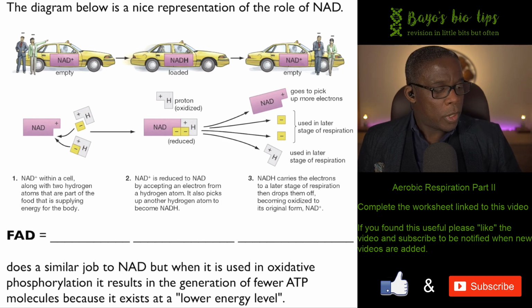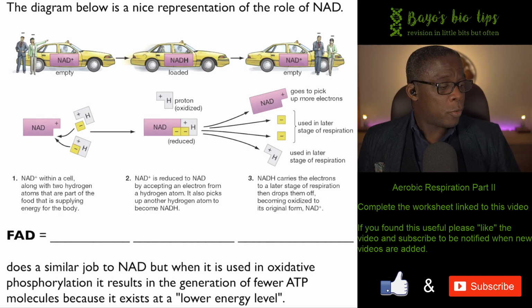But you can attach protons and electrons to NAD, and by so doing, it's now reduced in the middle picture. And once it gets to its destination in the membrane, or in the mitochondria, it can then offload its electrons and protons, ready to go off and pick up some more electrons and protons.